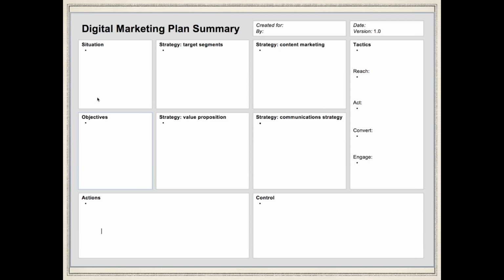And once that's all done and you've identified your strategy, meaning your approach to this plan, and tactically, your exact methods to execute, then the bottom two boxes, which are actions and control, are undoubtedly your most important two boxes. Because think of actions as milestones. Actions speak to who is going to do what when.